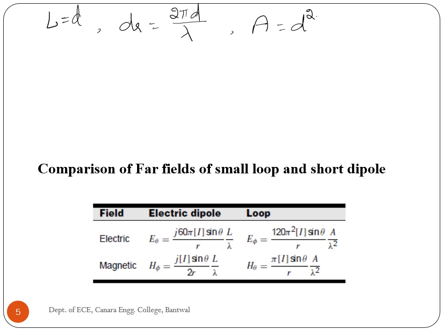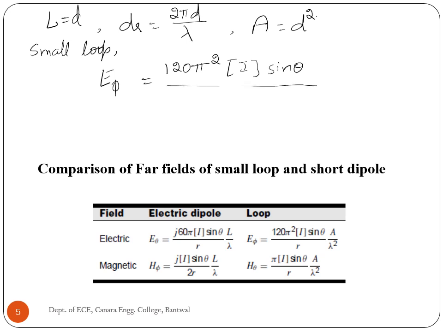Then equation 5 becomes, for a small loop, E phi is equal to 120 pi square I sin theta divided by r into A divided by lambda square.